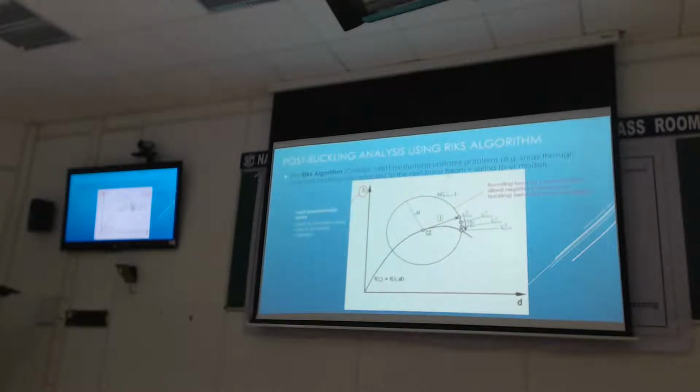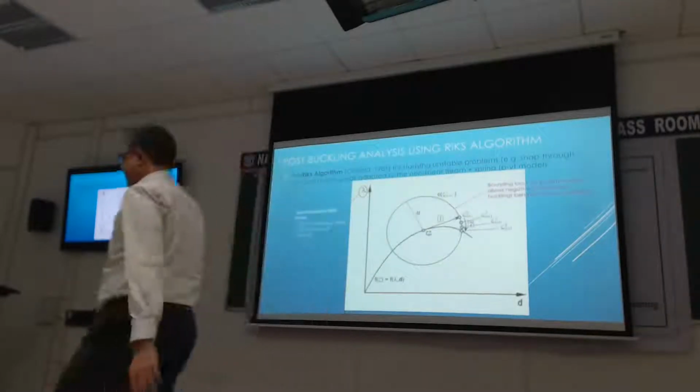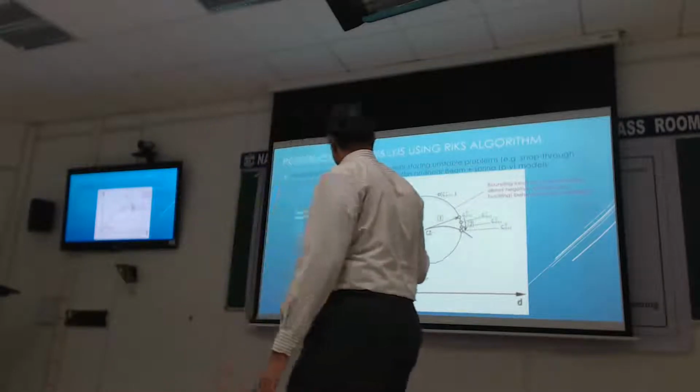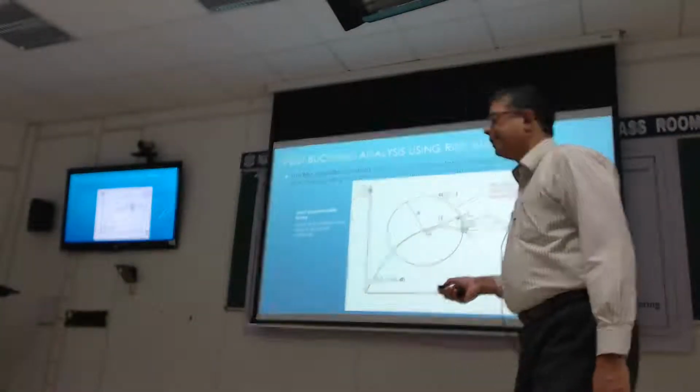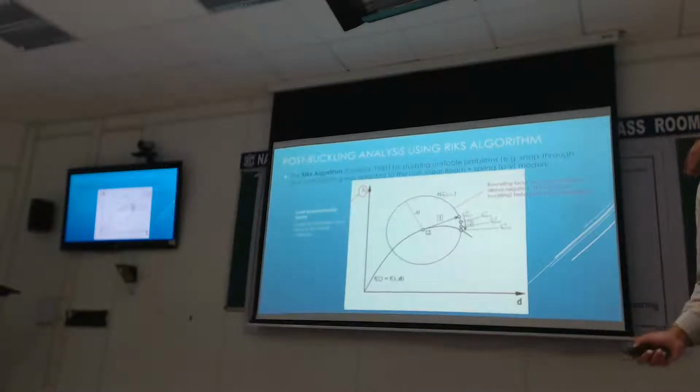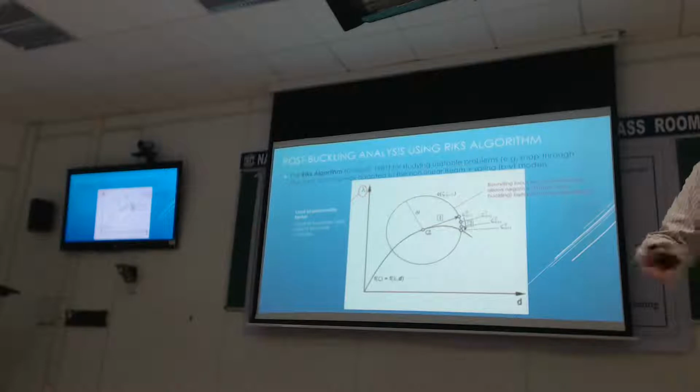Then you say, right, I'm at a position, say I'm at that location. What I want is to follow this line, which is my instability. Once I get to negative slopes on that, that's when my solutions run away.